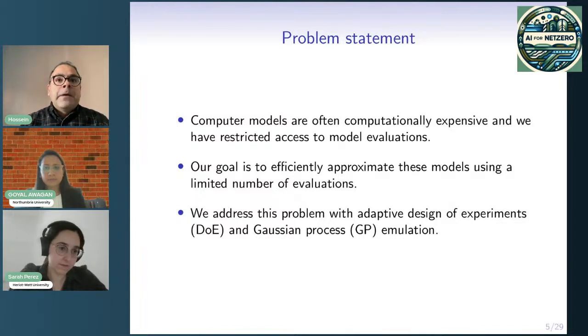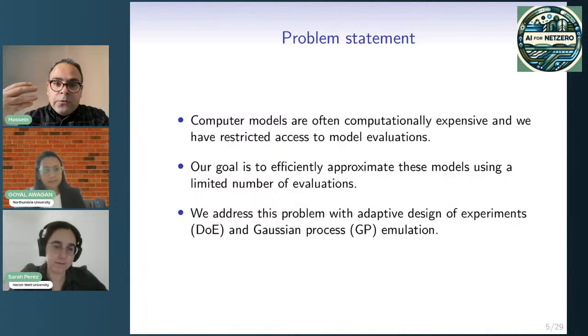For example, in order to conduct sensitivity analysis or uncertainty quantification, which are essential analyses for the development of a computer model, we need to run the model many times. And this becomes infeasible if the model is computationally expensive.